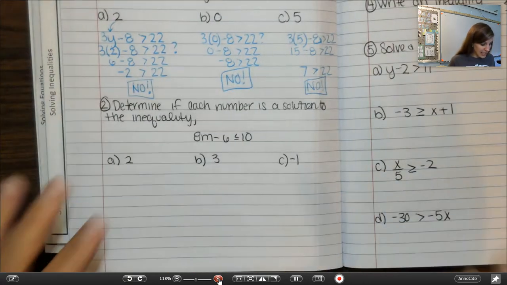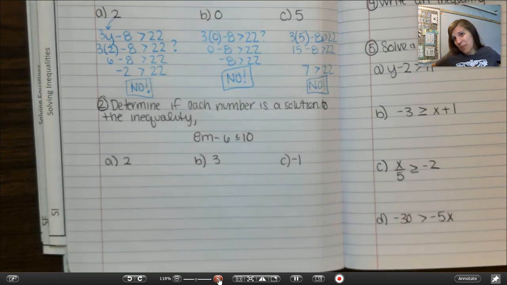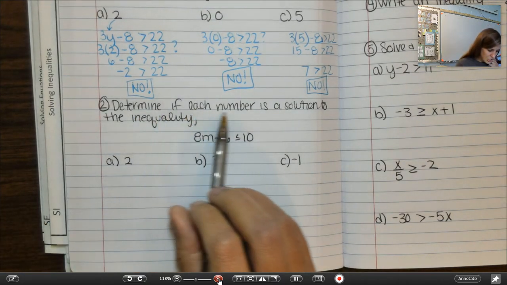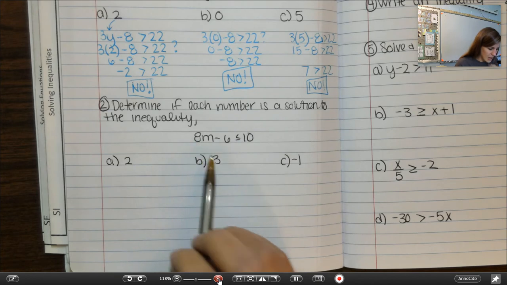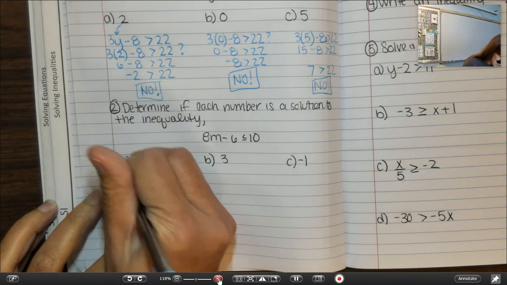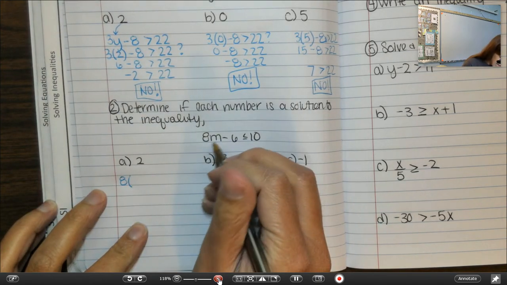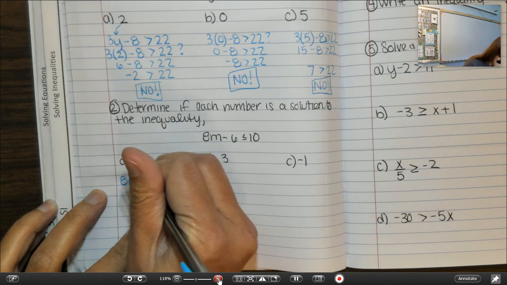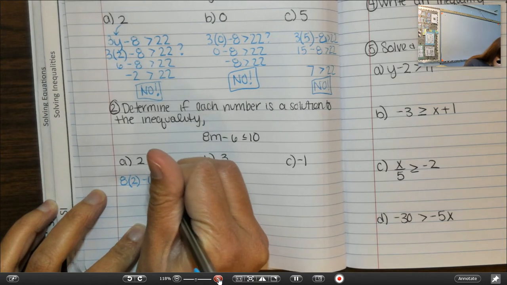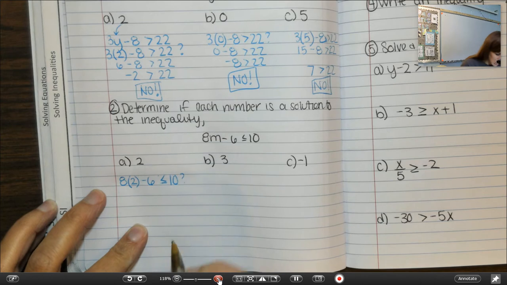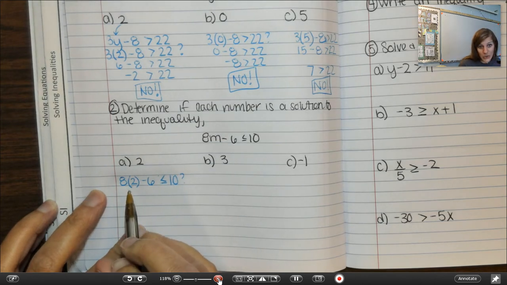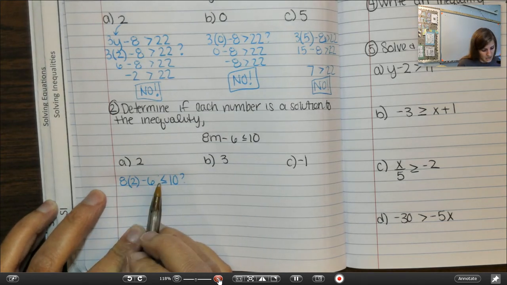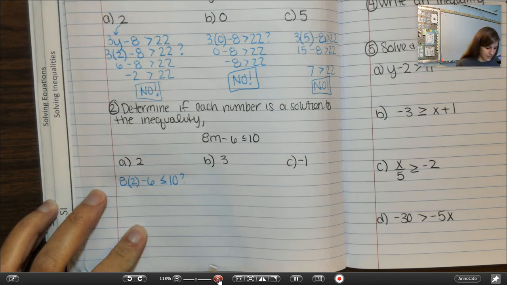Okay, so another one like that, because we probably want to see an example of when we are a solution. So same problem, determine if each number is a solution to the inequality. I take my inequality, and in place of m, I'm going to put 2. And it becomes a question. Is 8 times 2 minus 6 less than or equal to 10?